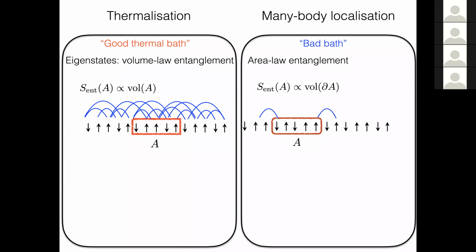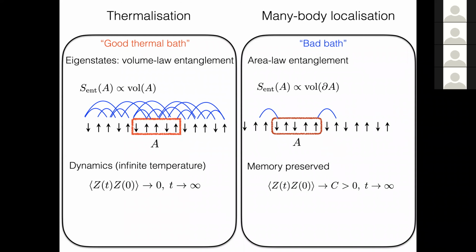So when the system enters the MBL phase, it is a bad bath, right? That manifests itself in a number of properties. Eigenstates have only area law entanglement, and memory is preserved, which means that if you look at the correlation function of magnetization on a single site, it would stay finite even as time becomes very long.